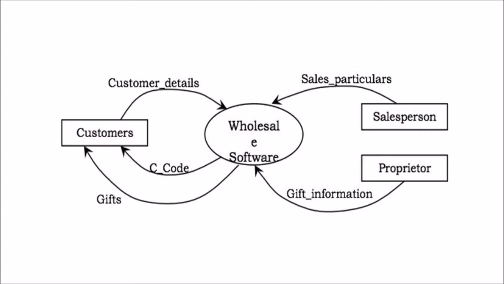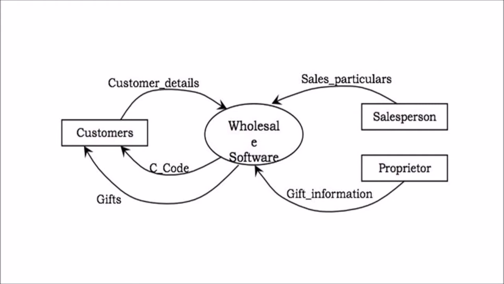Once a sale is done, the shop registers its details and sends the goods for dispatch. Each year, the shop distributes Christmas gifts to its customers, which comprises of a silver coin or a gold coin depending upon the total sales and the decision of the proprietor.